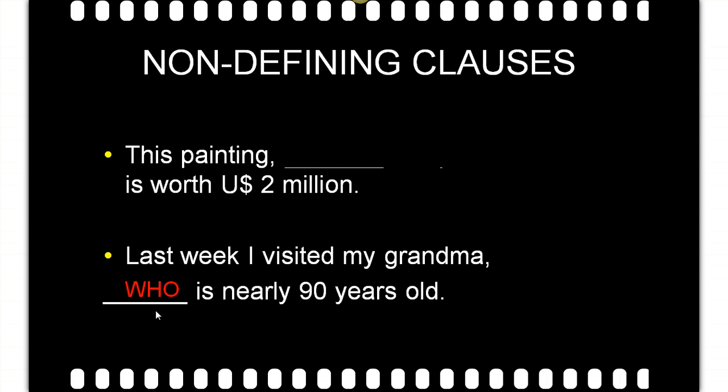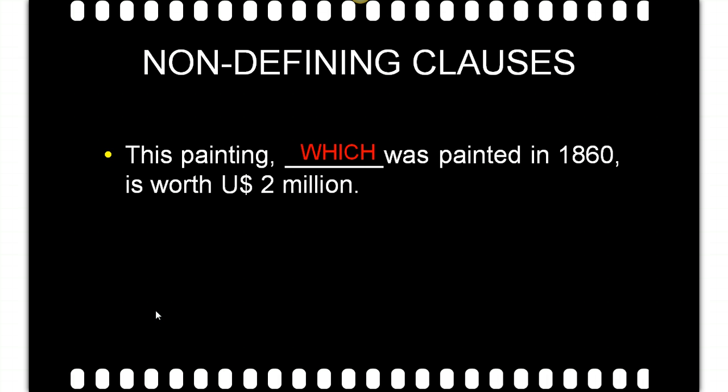So as you can see, the clauses which bring extra information normally come between commas or after a comma to indicate it's extra information. Now when you use a defining clause, then you won't see the commas because they are essential information.